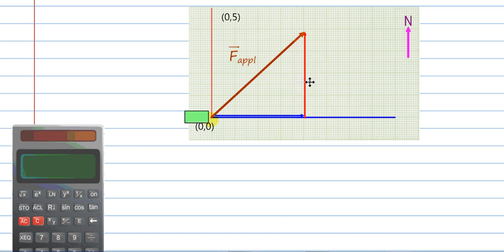So now what we want to do is define the components of this applied force vector, and we're going to use our trig to do that. Once again, this is my defined angle. That is to say, the little green box moved at some angle to the north of east, or above the x-axis.